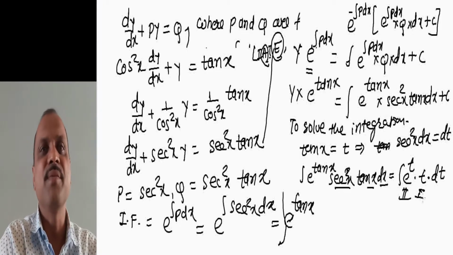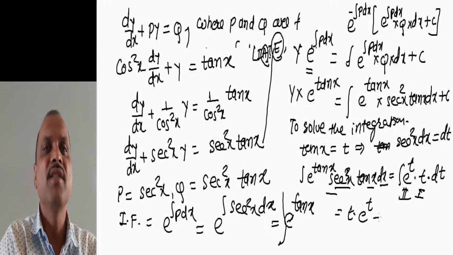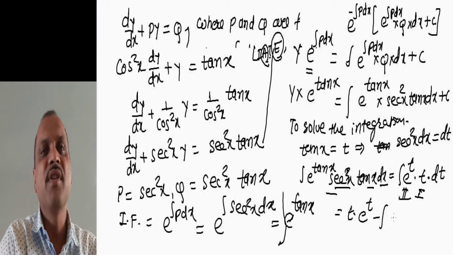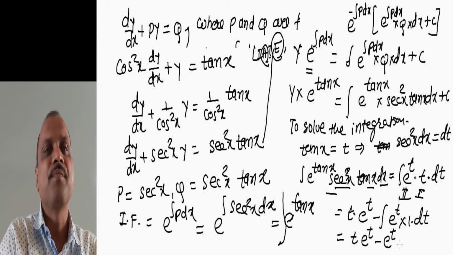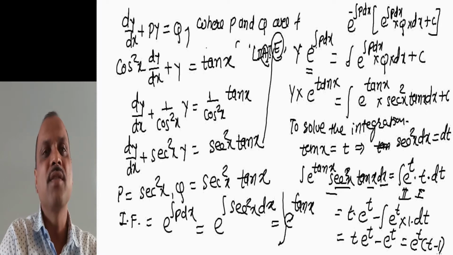So first function into integration of second minus integration of second into derivative of first into dt equals t into e raised to t minus e raised to t, take e raised to t common, e raised to t into t minus 1.